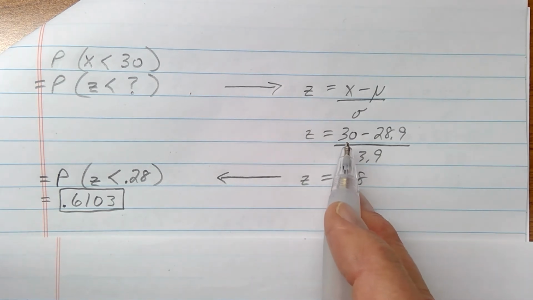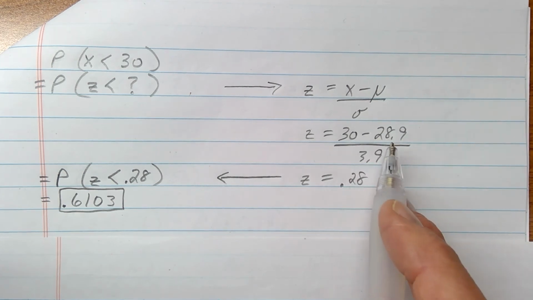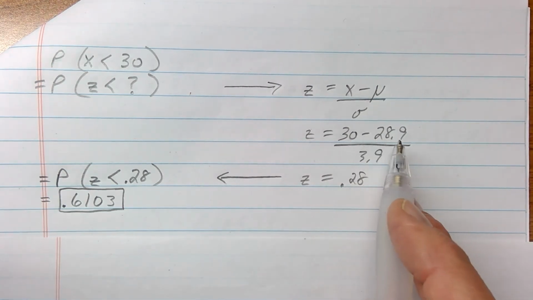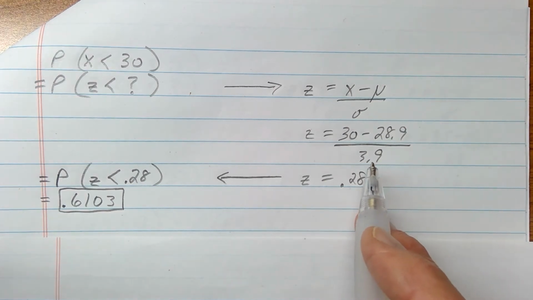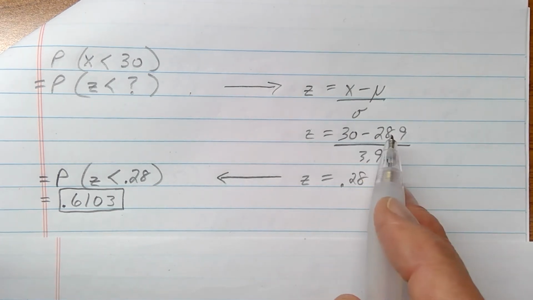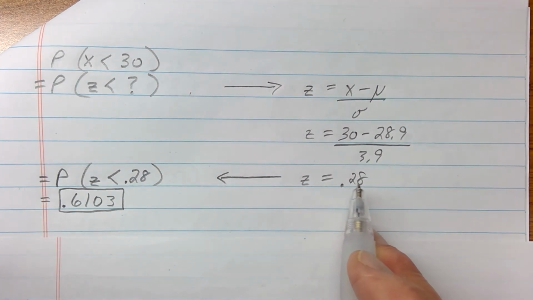So our x number, our raw data, our raw score of 30 points minus the average, 28.9. So it was a little bit above average, 30 minus 28.9. And then I divide it by how big or how wide a step is, 3.9, how big a standard deviation is. So I'm finding the deviation, this person scored above average, divided by how wide a standard deviation is, and it works out to 0.28.